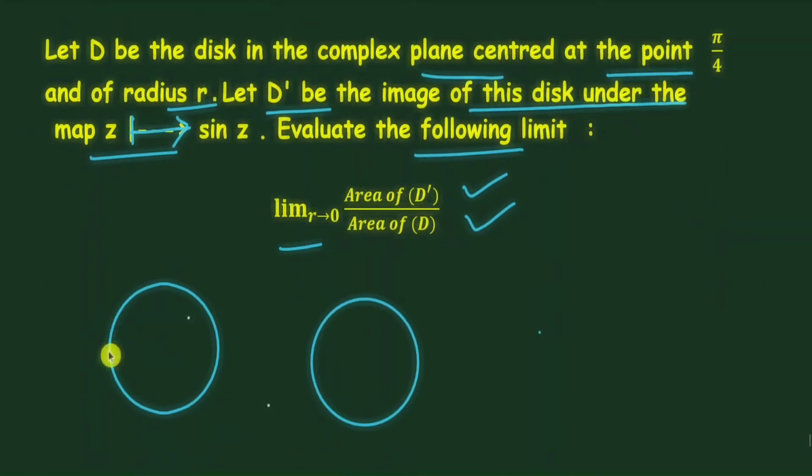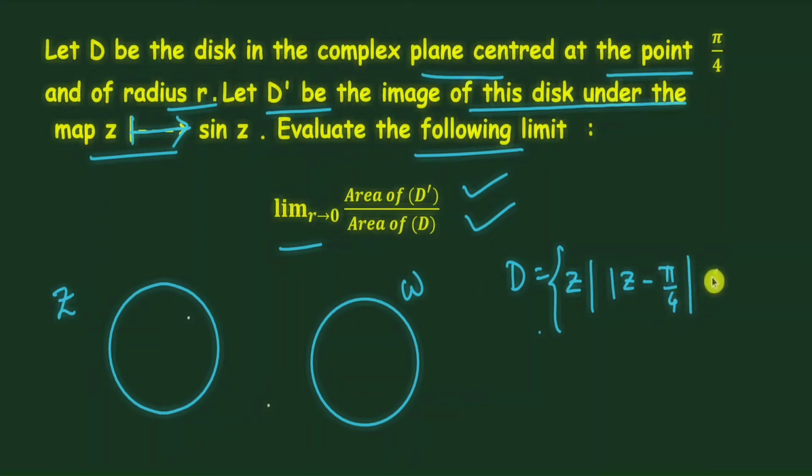So suppose this is the z plane and this is the w plane. Given that the disk D is such that z satisfies mod of z minus pi by 4 is less than or equal to r.